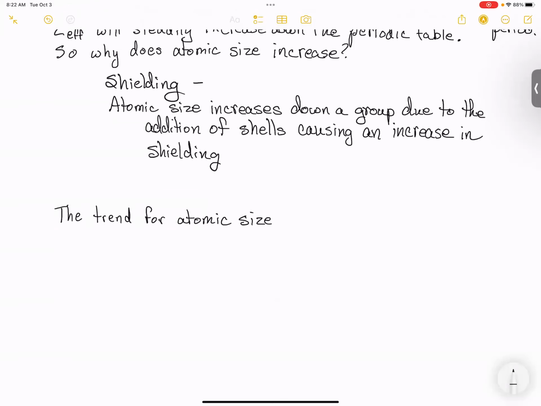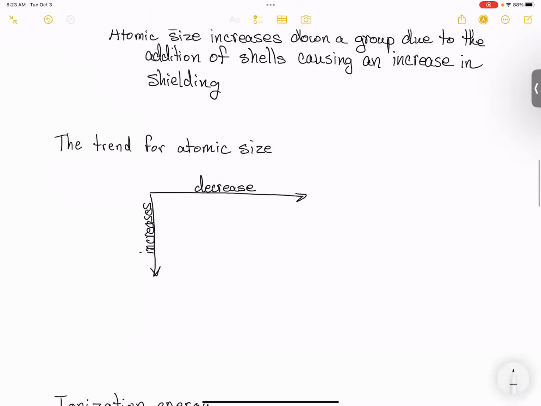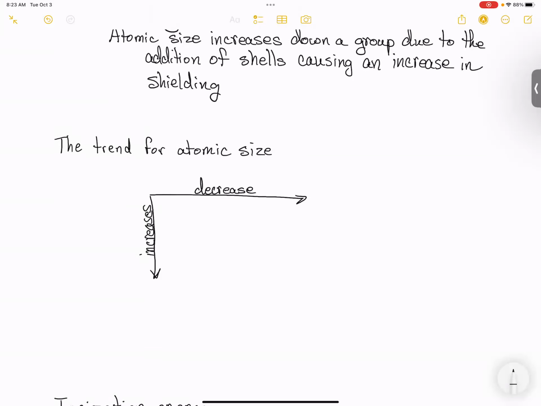So if we were simply to look at atomic size, it decreases across the periodic table and increases down a group. So how might you be asked a question on a test?